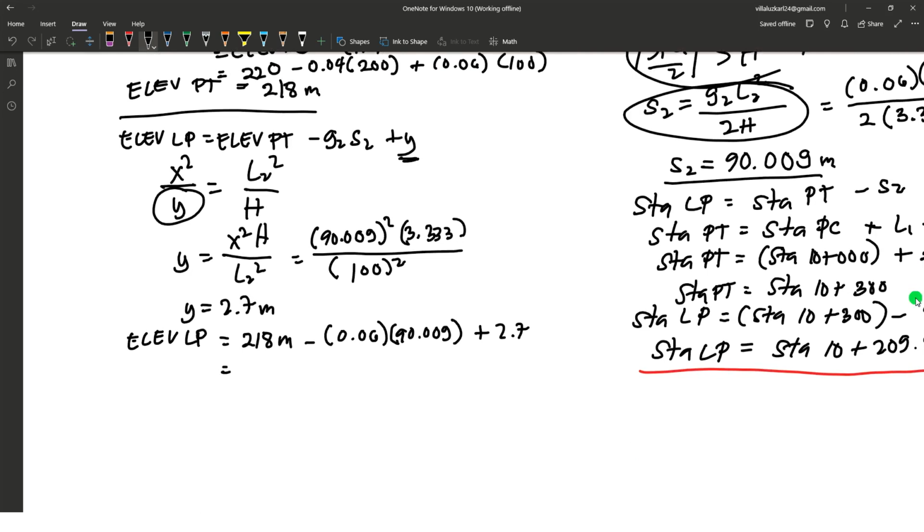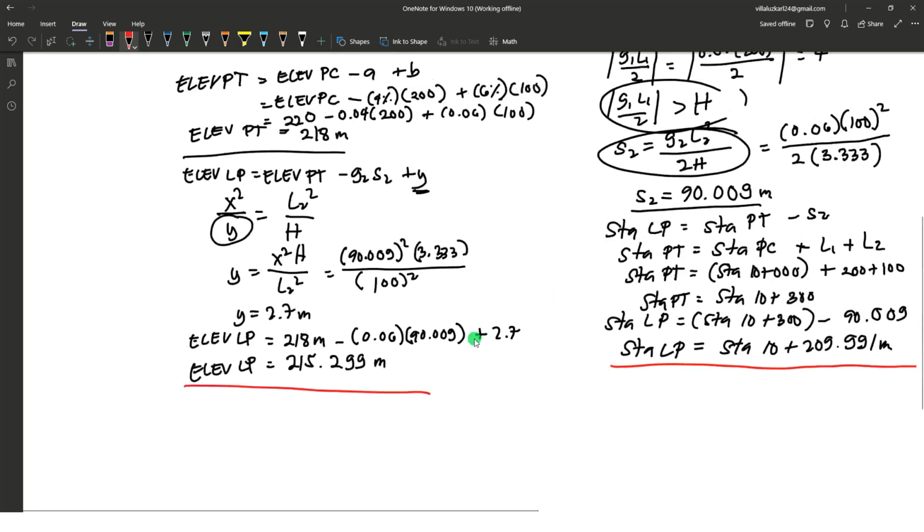Let's compute. So the answer here is 215.299 meters. That's the elevation of the lowest point. That's your final answer.